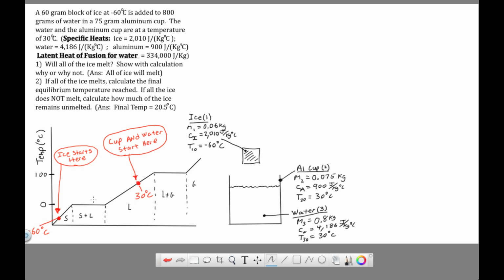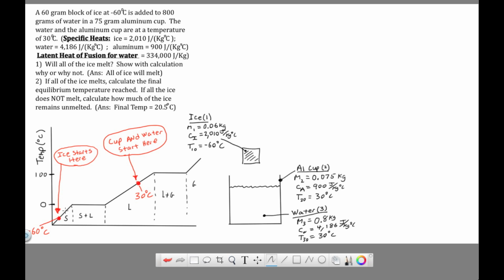Okay, so a problem like this that involves phase change, what you want to do is draw out this graph of what happens to a substance as heat is added. So as we talked about in class, starting in the solid state, as heat is added, the temperature rises.